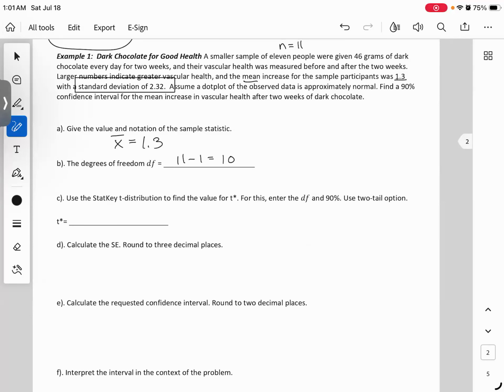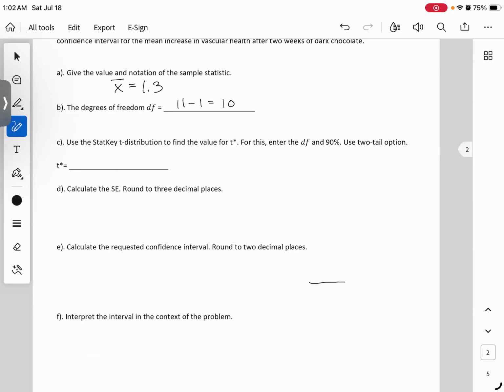Now, our goal, which is actually down here in part E, is to get an interval for the amount of increase in vascular heart health from eating the dark chocolate. We would need the statistic, which we've already got, plus or minus T star times our SE, which we'll get in a moment. The T star is something we're not given. We are going to go to StatKey to get that.